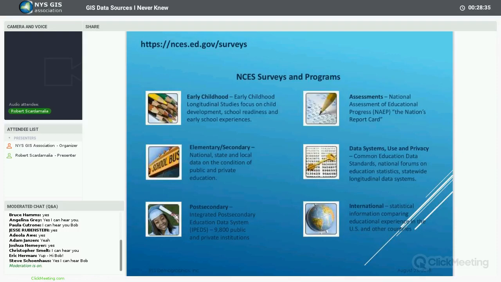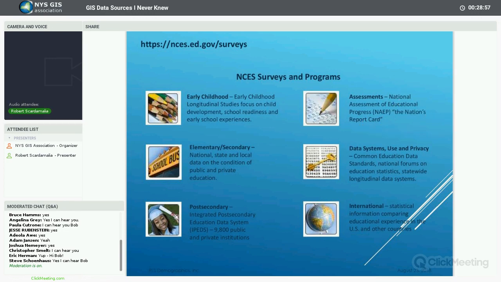Every school has to report to the Center for Education Statistics on their enrollment and characteristics. This thing called IPEDS, I'll talk a little bit more about that in a minute. That's a data access tool that allows you to get at this information. Assessments. You're probably familiar with the term Nation's Report Card.